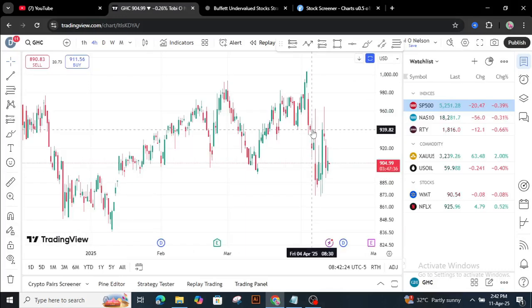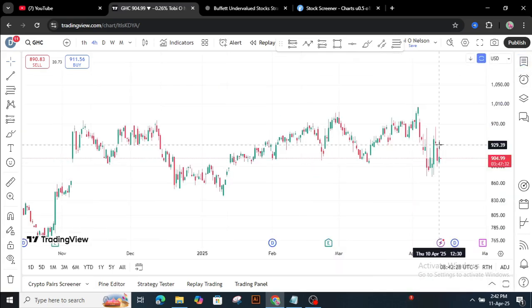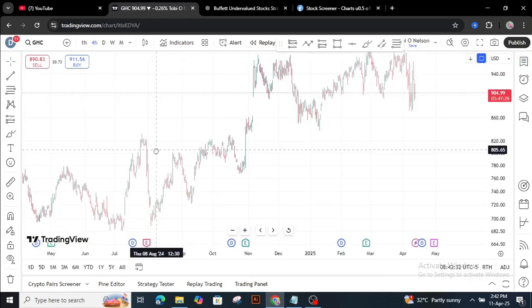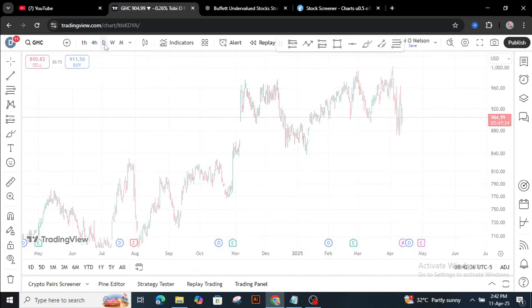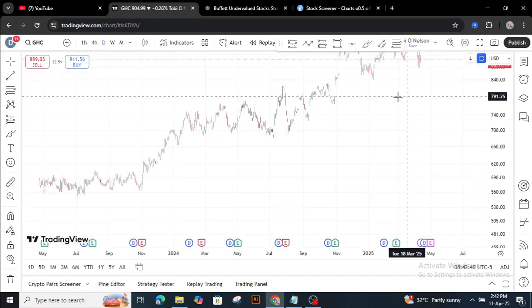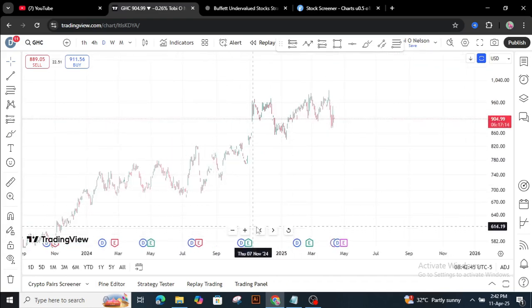All right, this is the company, and on a 4-hour chart, as you can see, let me put it on the daily time frame so that I can better see what's going on. You can see the company has actually been in an uptrend, going up consistently.